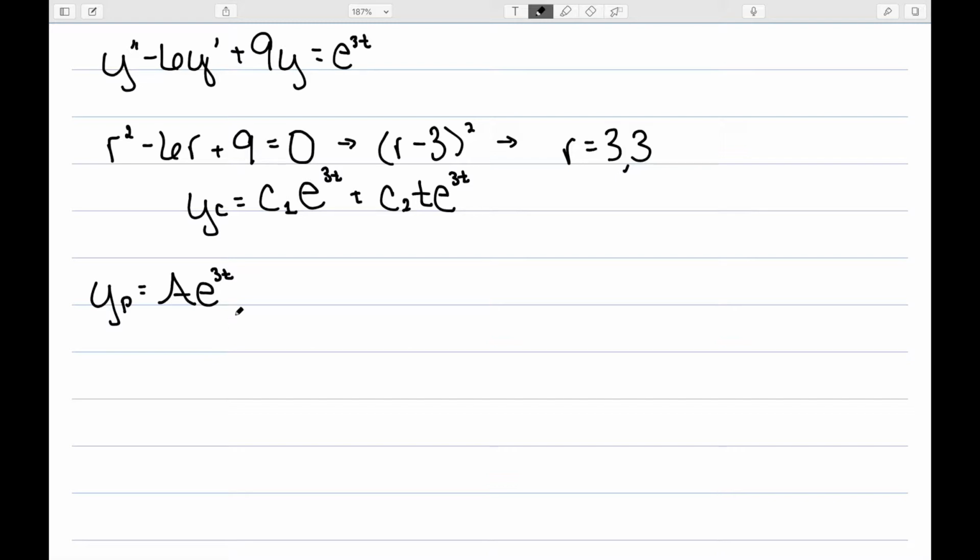However, then we'll notice that this term here and this term here are not linearly independent. So we might want to include a t term. However, then we have issues with this one here. So we're actually going to include a t squared this time. That way it will be linearly independent from both of these.